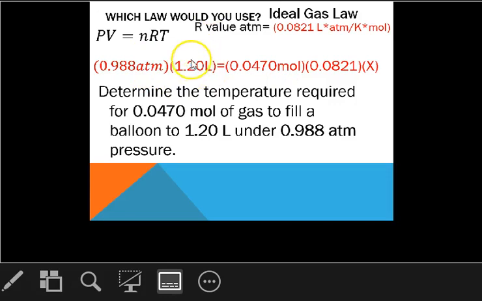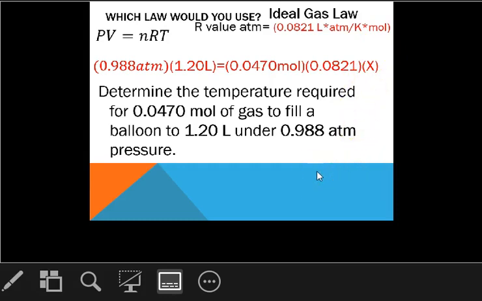The volume has to be in liters. This one is in liters. The n has to be the number of moles, and they have given you the number of moles. The R value has to be the one that goes with atmospheres. We went and got it from the top of the test. And the temperature is going to come out in Kelvin, and when it comes out in Kelvin, we're going to convert it to Celsius.